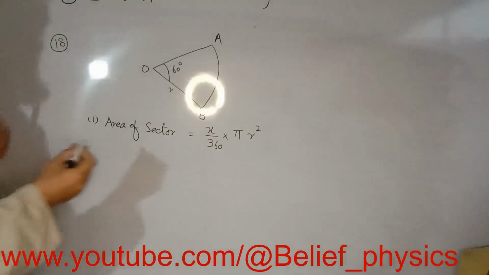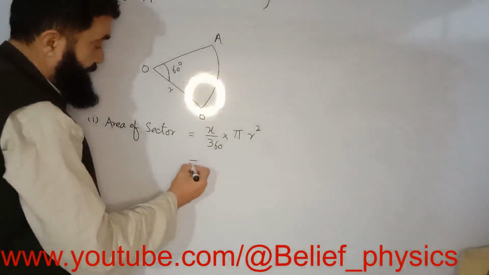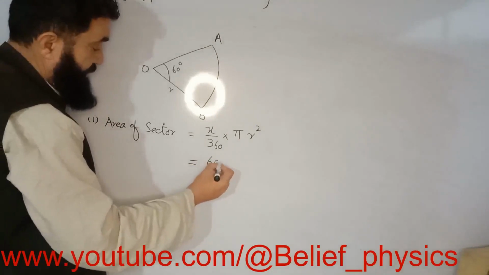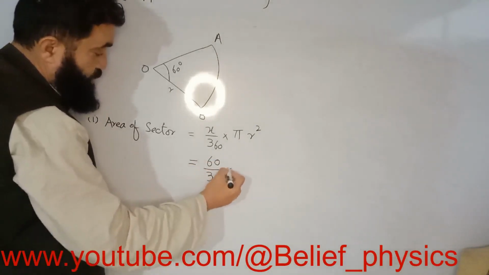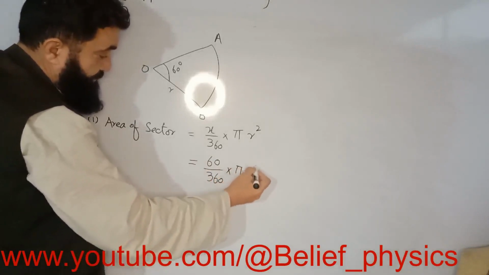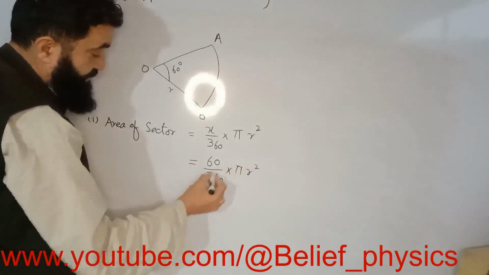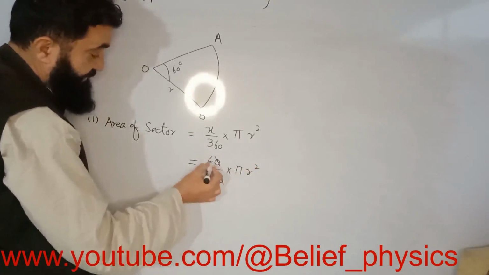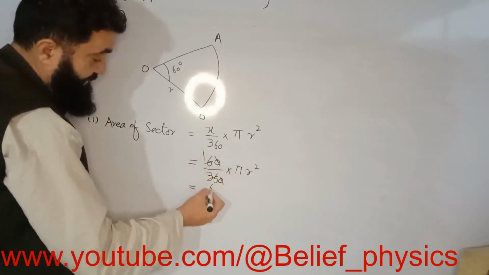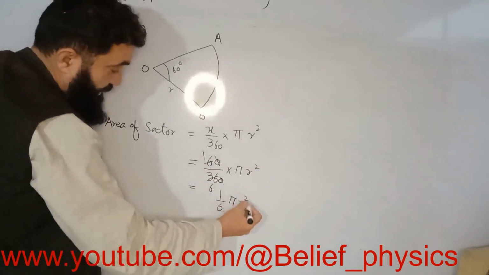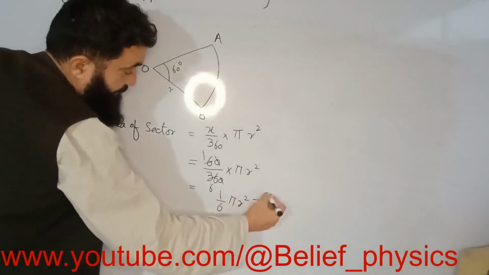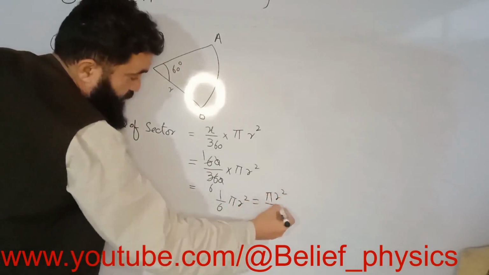Therefore, the expression becomes 60 over 360 times pi r squared, and on simplification this can be written as 1 over 6 pi r squared, or pi r squared over 6.